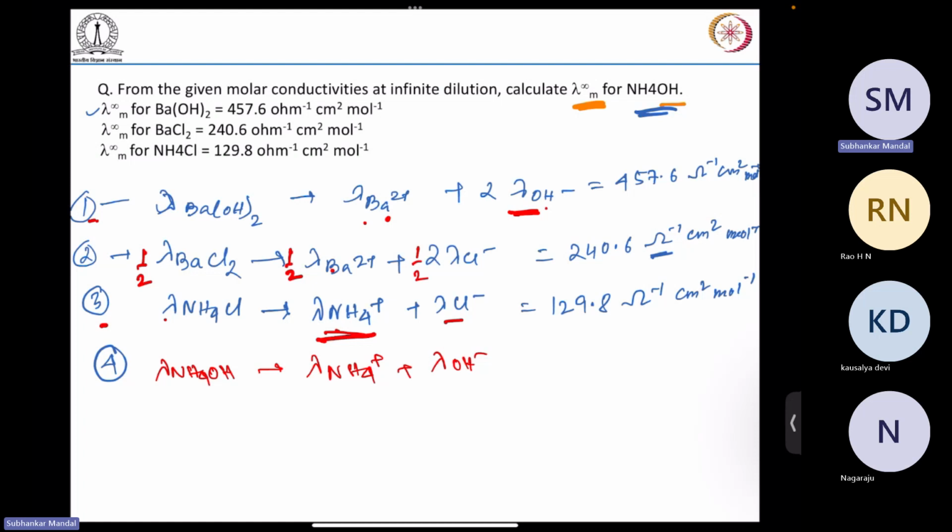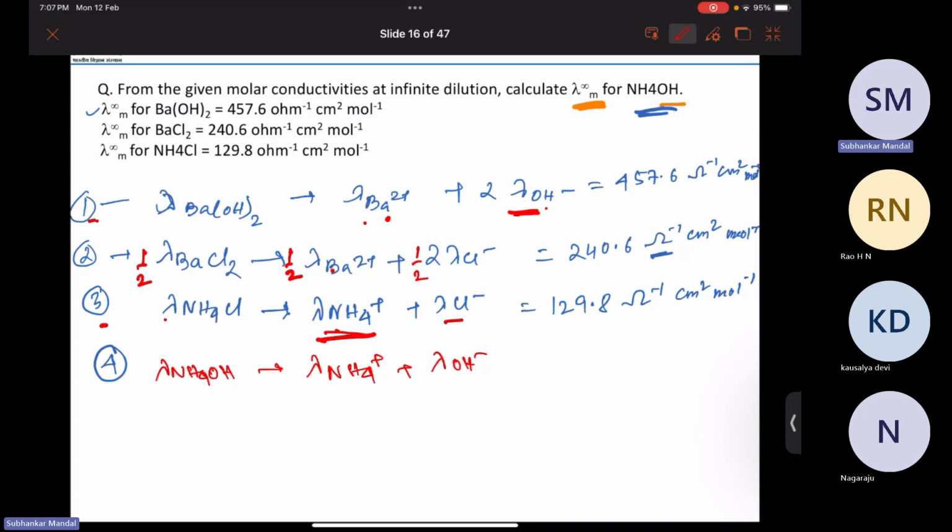So I can do one thing: equation number 3 plus half of equation number 1. Then what will it be? Lambda NH4Cl plus lambda barium hydroxide.